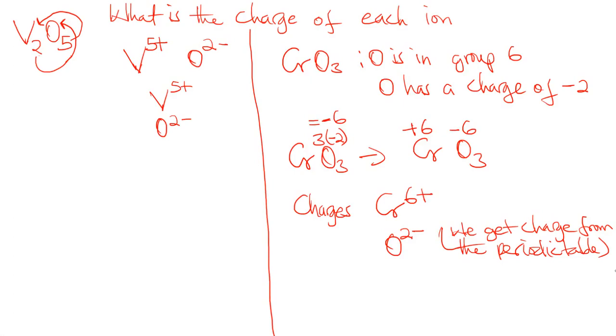Therefore, it will have a charge of -2. Then you know that there are 3 oxygens here. You just multiply 3 times -2, then you get -6 here. And if you get -6 here, it means this one you have +6. So that's how you look at that problem.